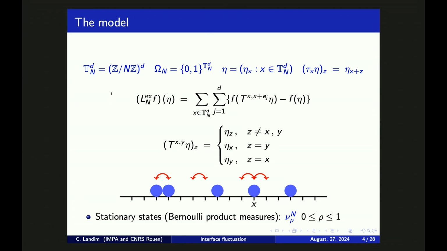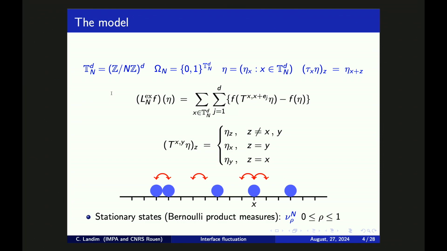the translation. So I will be considering the superposition of two dynamics: one which is, I think, well known, the simple exclusion process, which is conservative, and the other one, which is non-conservative. It will be a Glauber dynamics. In the exclusion, in case you don't know, you just have these particles, and at rate 1 you exchange the occupation variables at two neighboring sites.